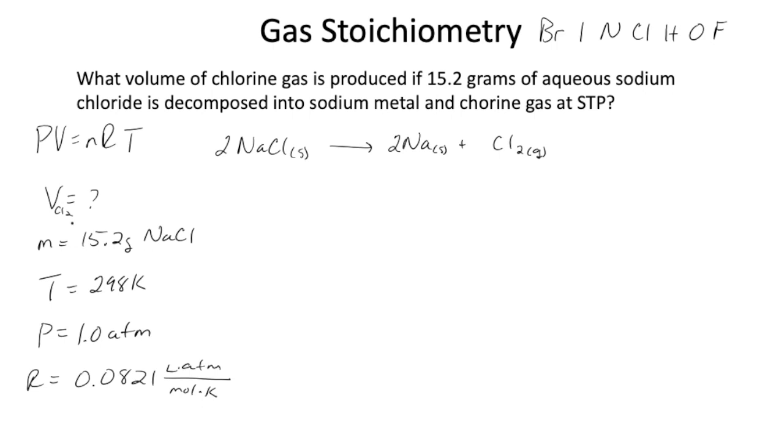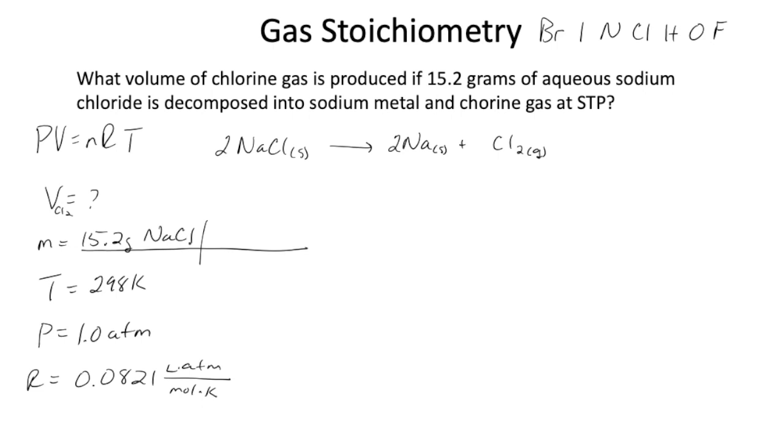Using PV to solve for the volume of chlorine means that I need the moles of chlorine. In order to get the moles of chlorine, I'm going to first find the moles of sodium chloride and then use stoichiometry to convert that into moles of chlorine. So let's first change our grams of sodium chloride into moles of sodium chloride using molar mass.